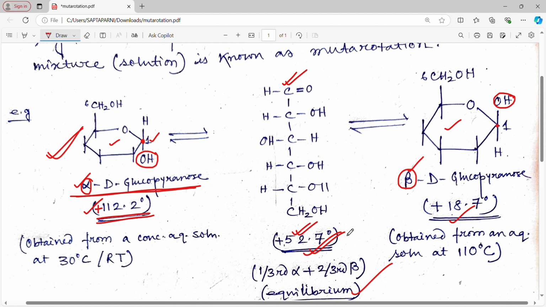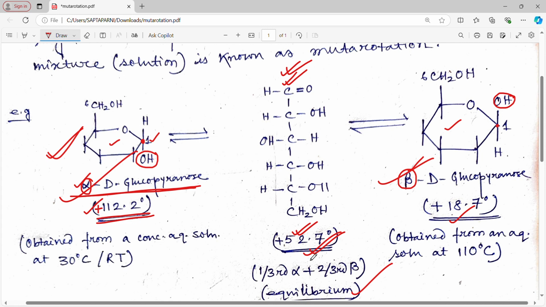At that time the open chain structure is formed. So you can easily see that these alpha and beta anomers are slowly changing their optical rotation, or mutating their optical rotation, until they reach an equilibrium specific rotation of plus 52.7 degree.